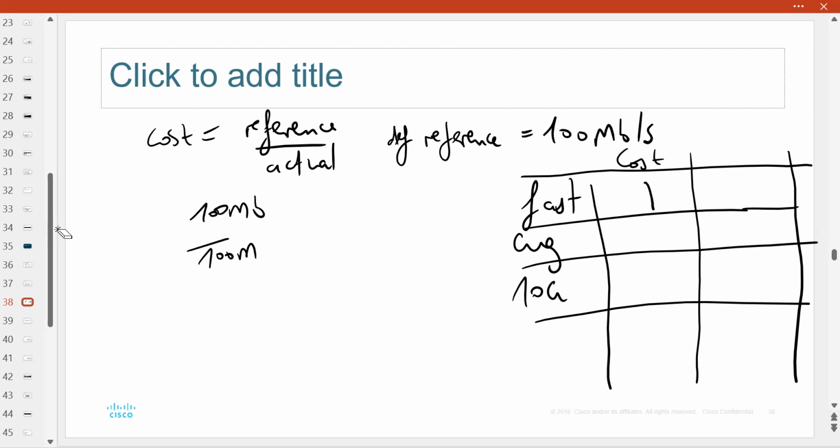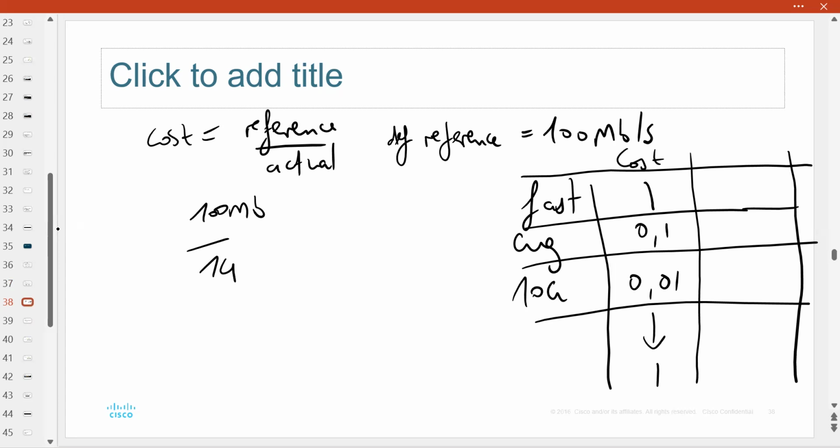For gig, it will be 100 megabytes over 1 gig, which is equal to 0.1. And lastly, this one over 10 gig is 0.01. And all this cost equal to 1 because we need integer values, which is a problem.